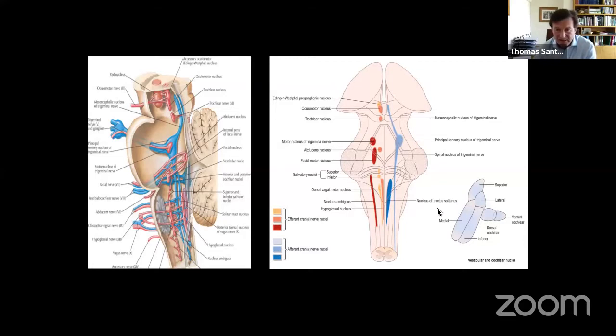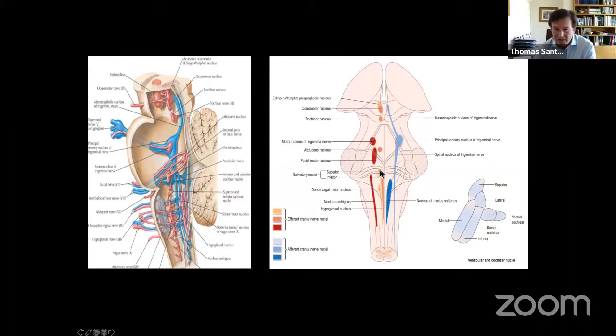So if you look at it mediolaterally, I've forgotten to say that, here would be the superior fovea, and in the superior aspect of it, just underneath the superior medullary velum, we will find the main motor nucleus of the trigeminal nerve, and the facial is deep down around the abducens, and the facial fibers will be running around here.